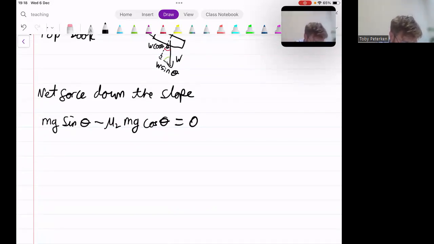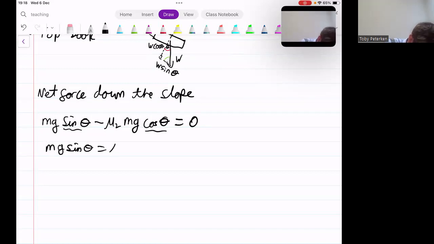So we can work out the angle at which this flips. We want to get the thetas on one side and everything else on the other side. We start off by adding the second term to the other side, so we have mg sine theta equals mu2 mg cos theta.